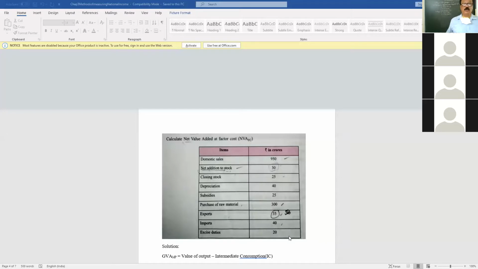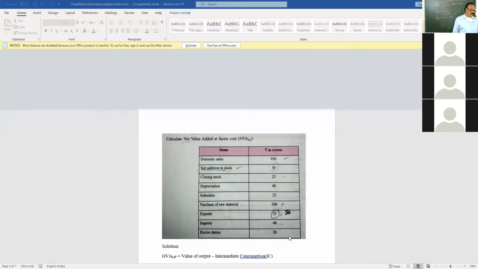What are we asked to calculate? We are asked to calculate the net value added at factor cost. What do we have? Gross value added at market price. So to go from gross to net, minus depreciation; market price to factor cost, minus NIT.